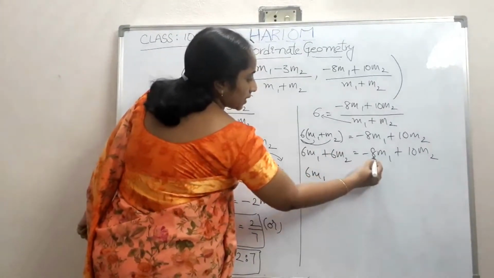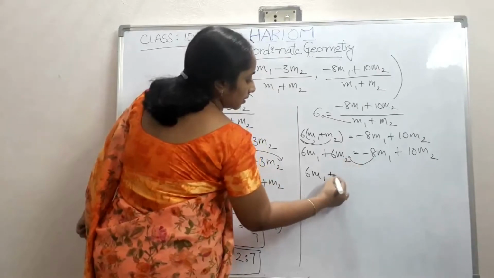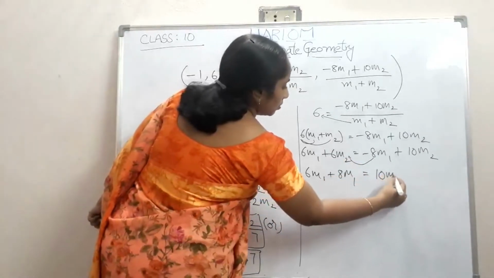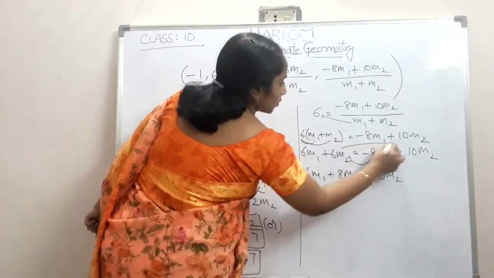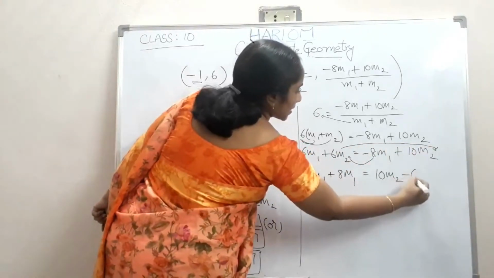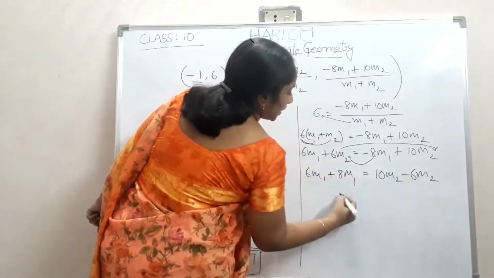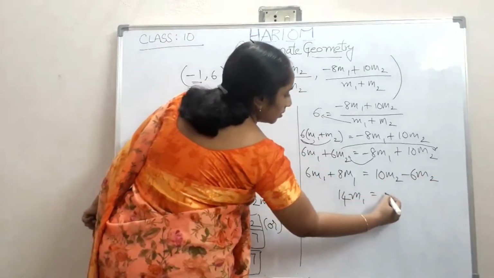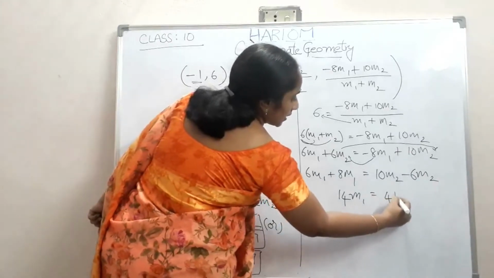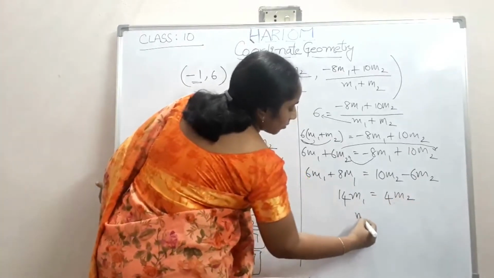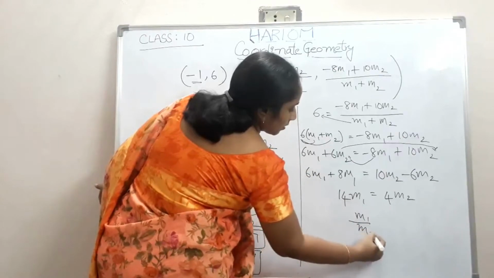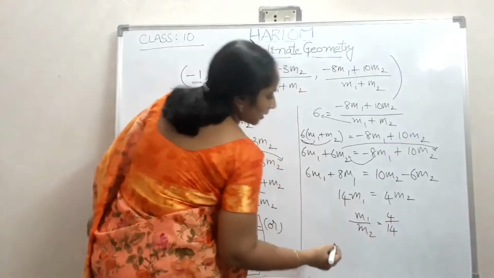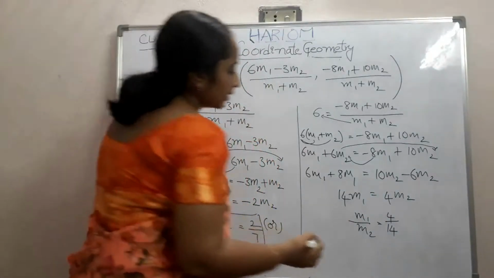This is -8m1, it becomes plus 8m1. 10m2, this is plus 6m2, it becomes minus 6m2. It is 14m1 is equal to 4m2. Now m1 by m2 is equal to 4 by 14, which is nothing but 2 by 7.